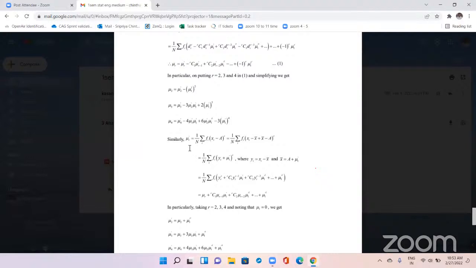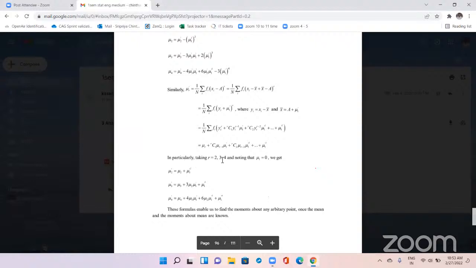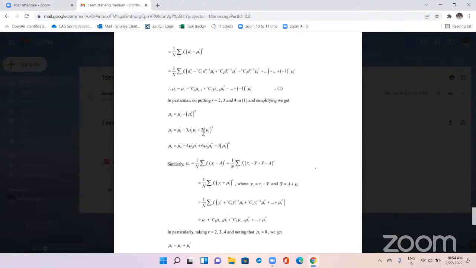So this is non-central to central moment. The relations are given, in particular r equal to 2, 3, 4: mu2 prime equals mu2 plus mu1 prime whole square, and so on for mu3 prime and mu4 prime.